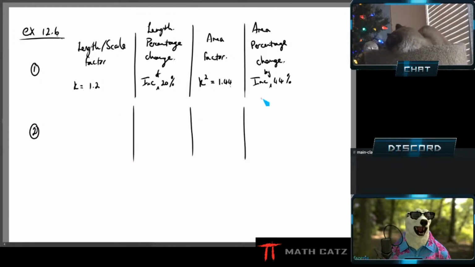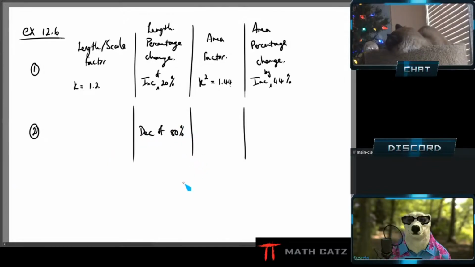And in the second one, they tell me the length percentage change is 80%. Now, they have to tell me, is it an increase or a decrease? Let's mix it up and go a decrease of 80%. They have to tell me, right?